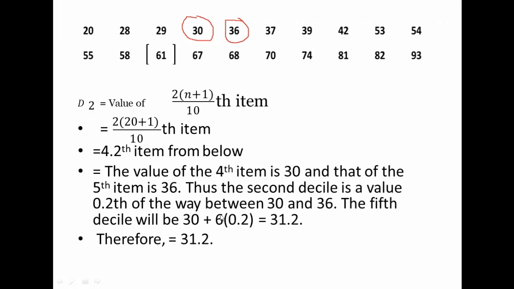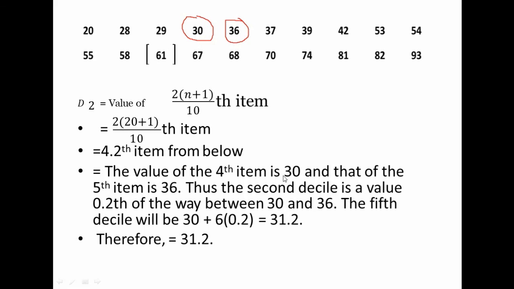That's why we add 30 plus 6 into 0.2. So this point is very important. So this is actually the second decile. The second decile is equal to 30 plus 6 into 0.2.